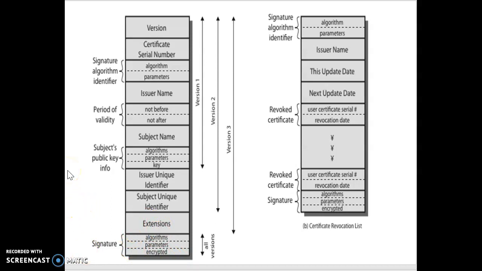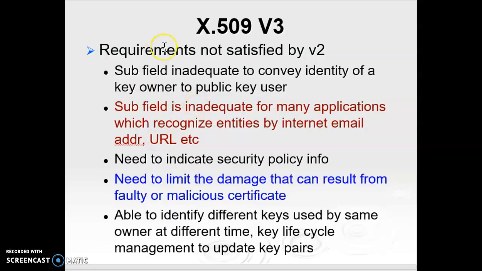Since the version 2 format does not convey all the information that design and implementation should have, and there are many limitations of version 2 and version 1. For example, these requirements are not met by version 2: the subject field is inadequate to convey the identity of the key owner.